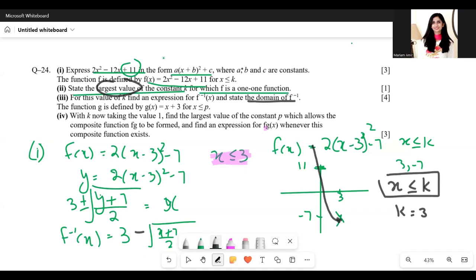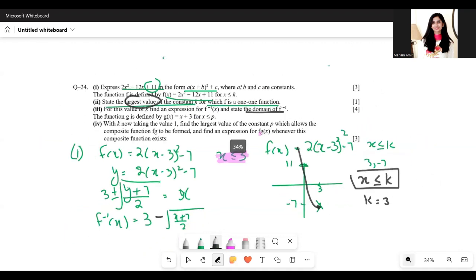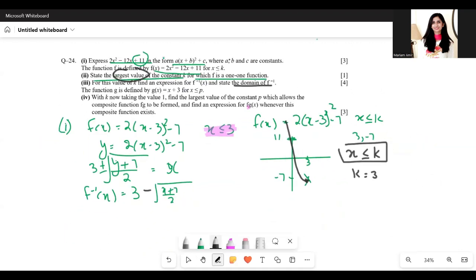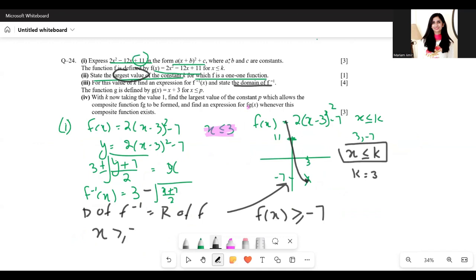The domain of f inverse equals the range of f. What is the range of f? We can see that the range of f is greater than or equal to −7. So the domain of f inverse is also going to be greater than or equal to −7.